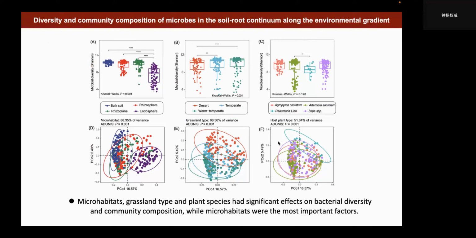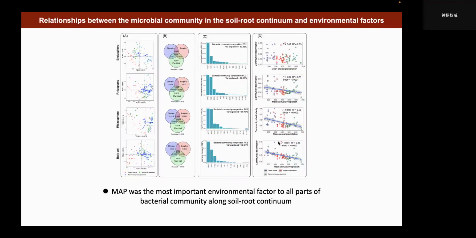Firstly, our ANOVA and PCoA results showed that microhabitats, grassland type, and plant species had significant effects on bacterial diversity, while microhabitats were the most important factor.